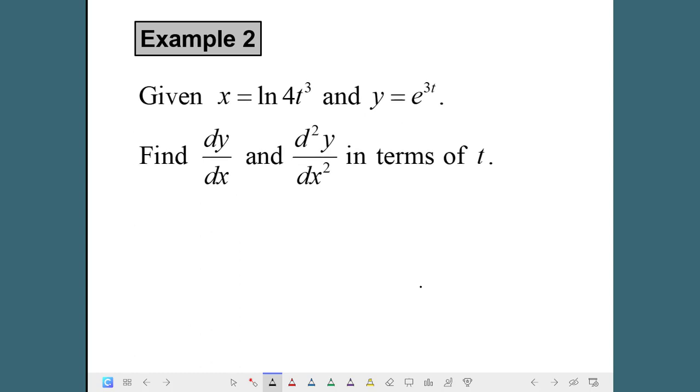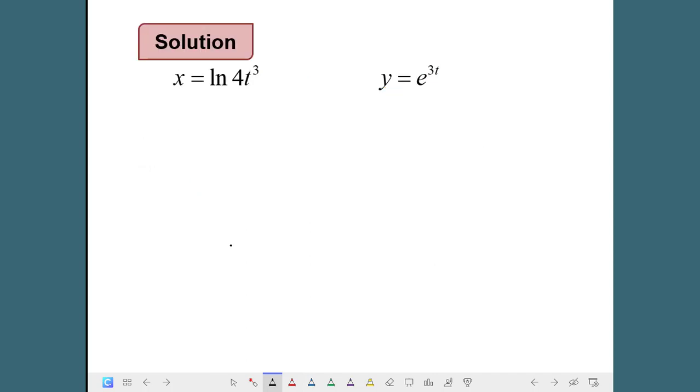Example 2: given x is equal to a ln function, y is an exponential function, find dy/dx and d2y/dx squared in terms of t. Okay, we need to differentiate with respect to t. Differentiate x with respect to t.